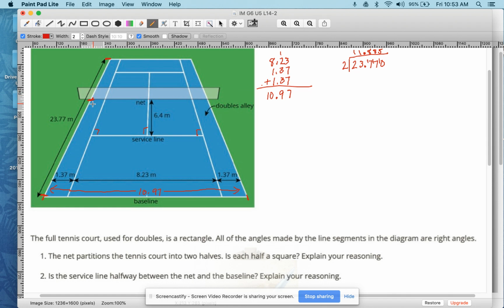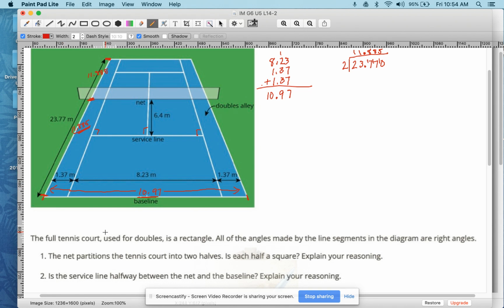So what we just found out is from here to here is 11 and 885 thousandths, and from here to here is 11 and 885 thousandths. So this number would have to equal this number in order for this section to be a square.